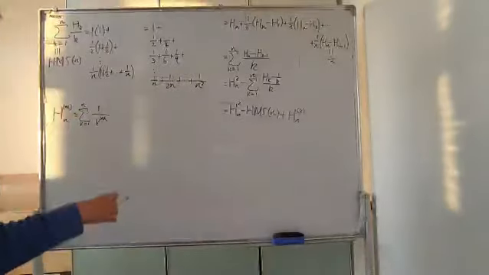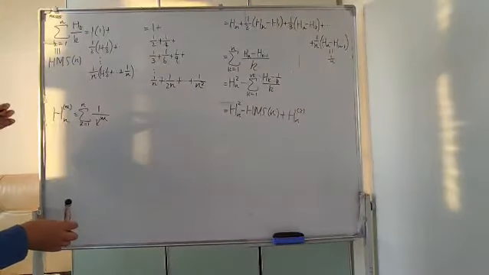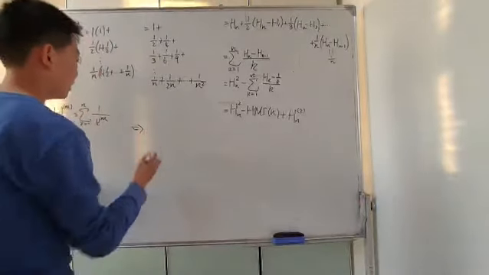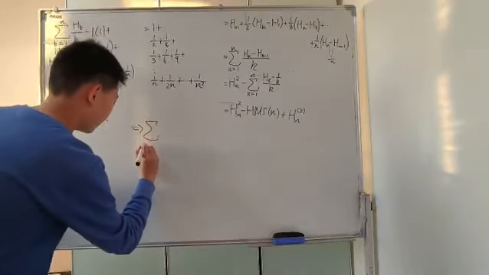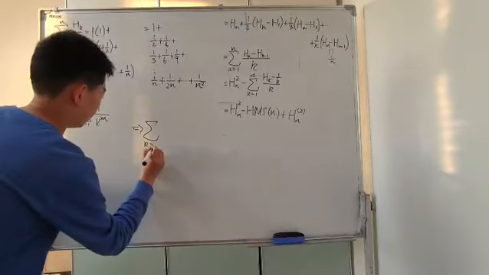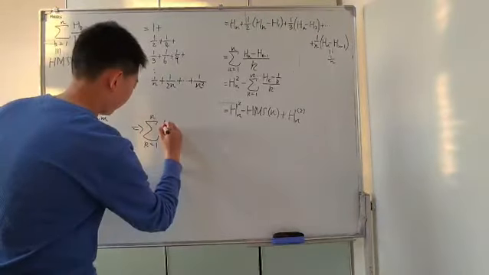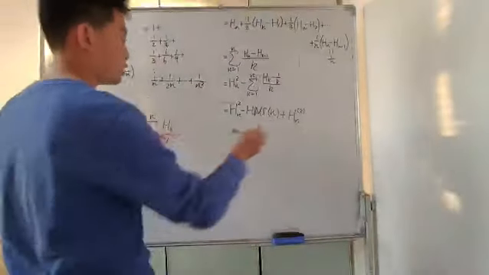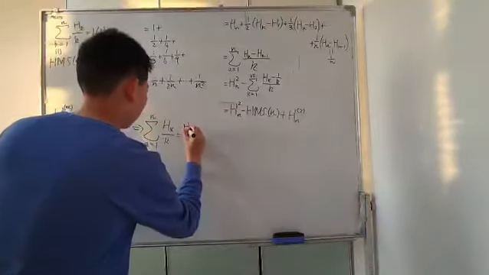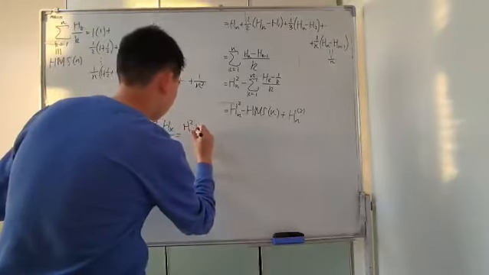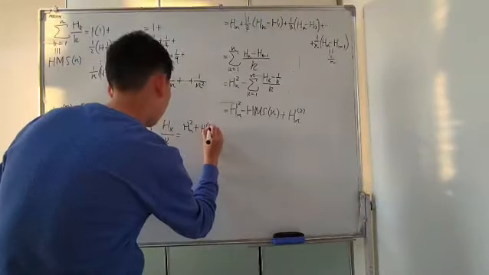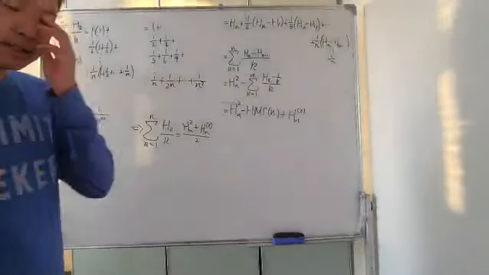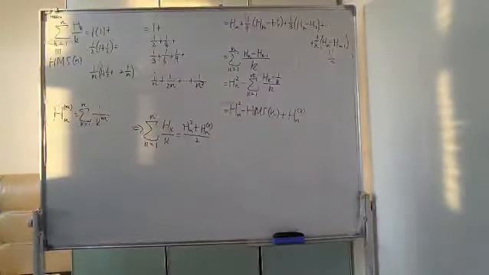And so, dividing by 2, we have our final solution, which is that our sum, k equals 1 to n of hk over k, is going to be equal to hn squared plus hn second degree, over 2. This is pretty much it.